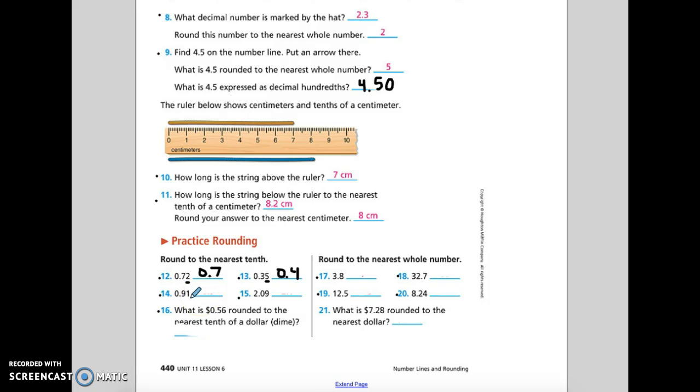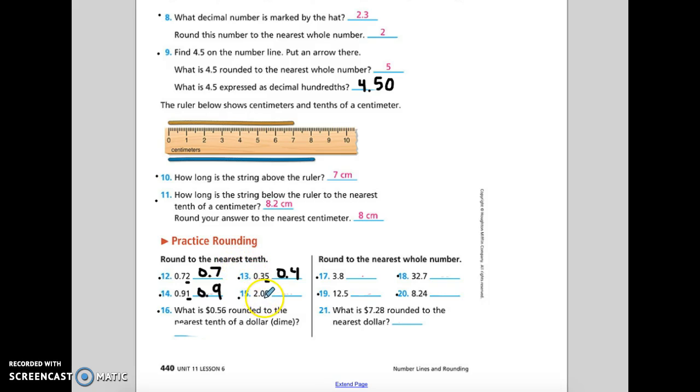All right, so we have 91 hundredths. Look at this number. Since it's less than 5, I know that when I look at this left number, I get to leave it as it is. So I end up with 9 tenths. And in this case, they want us to round to the nearest tenth.